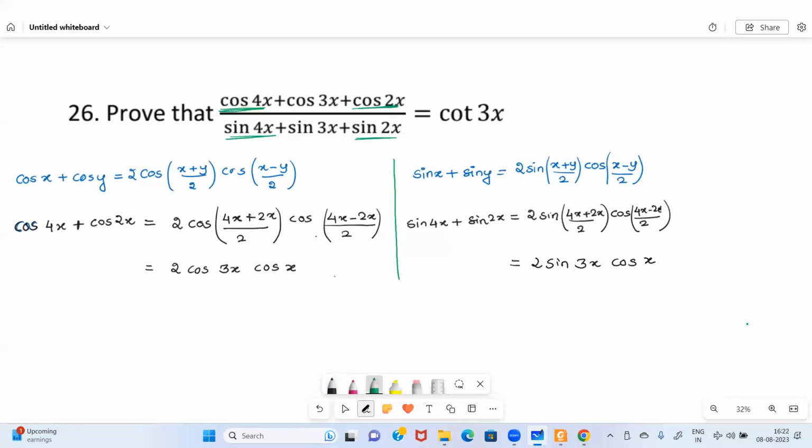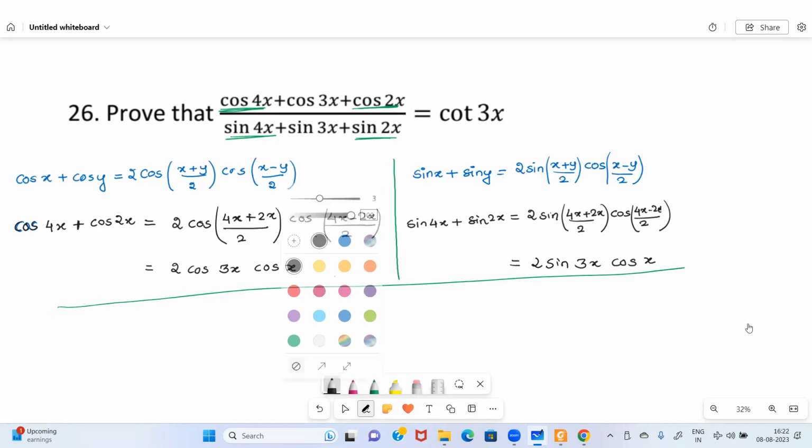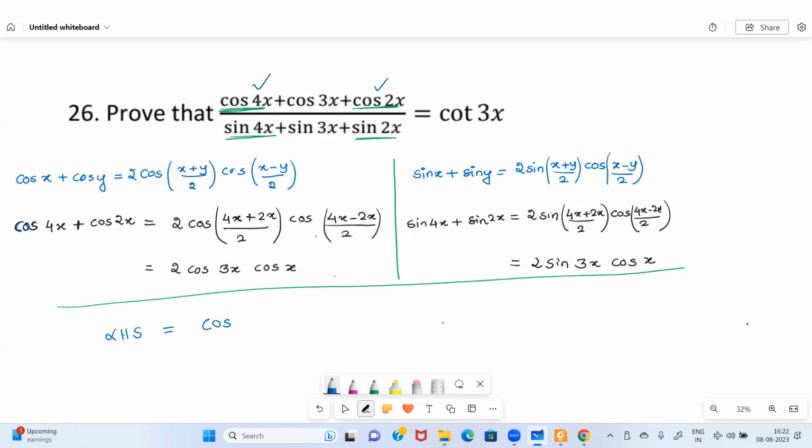All right, now let's do LHS now. So LHS, as I told you, we have 3 terms. I'm going to write these 2 terms first. Cos 4x plus cos 2x. Then I will write this term, which is cos 3x. The whole thing divided by sine 4x plus the third term sine 2x.